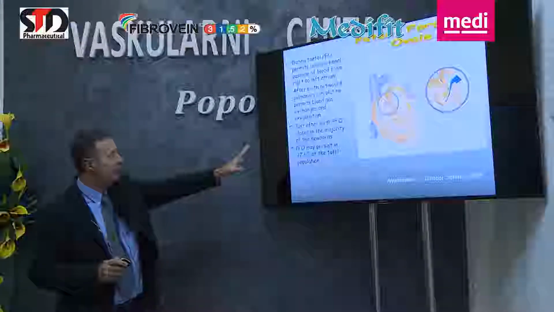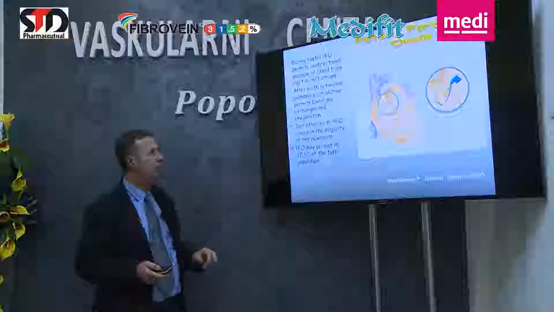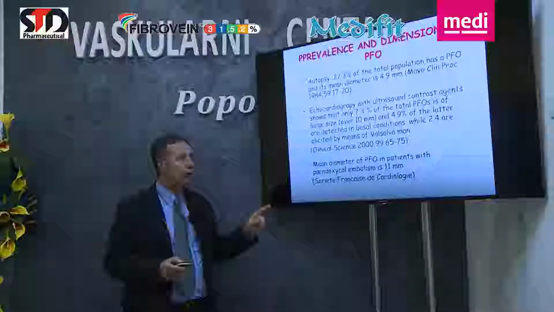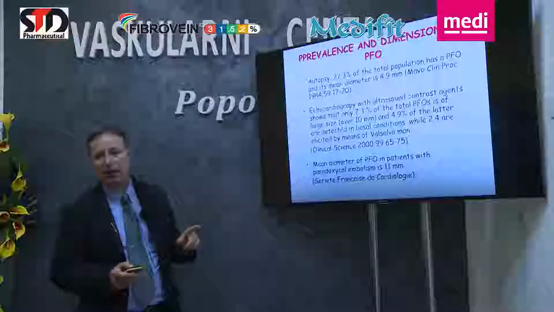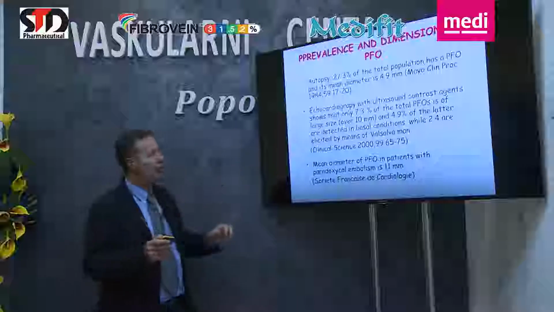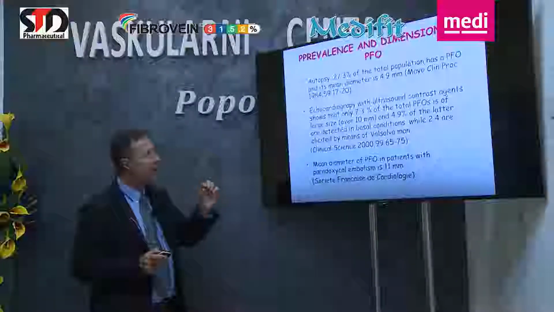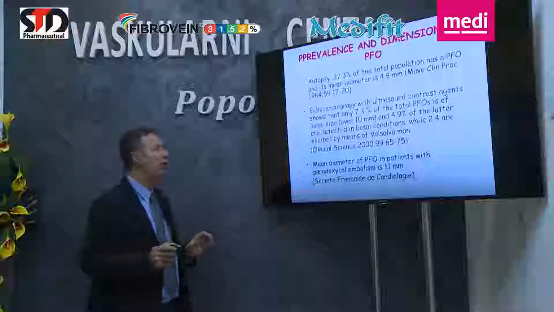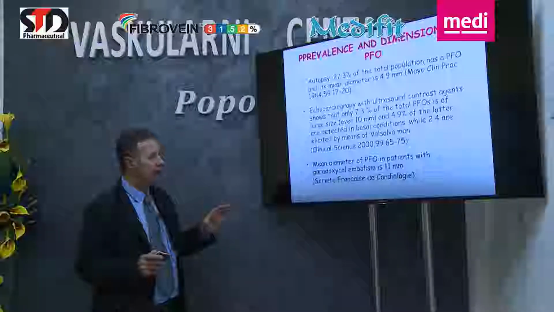You see, it is written, let's say, 27.6 in this kind of report. If you look at the Mayo Clinic study, 27.3 in this case, again, the mean diameter at the autopsy, not clinically relevant, is 4.9.